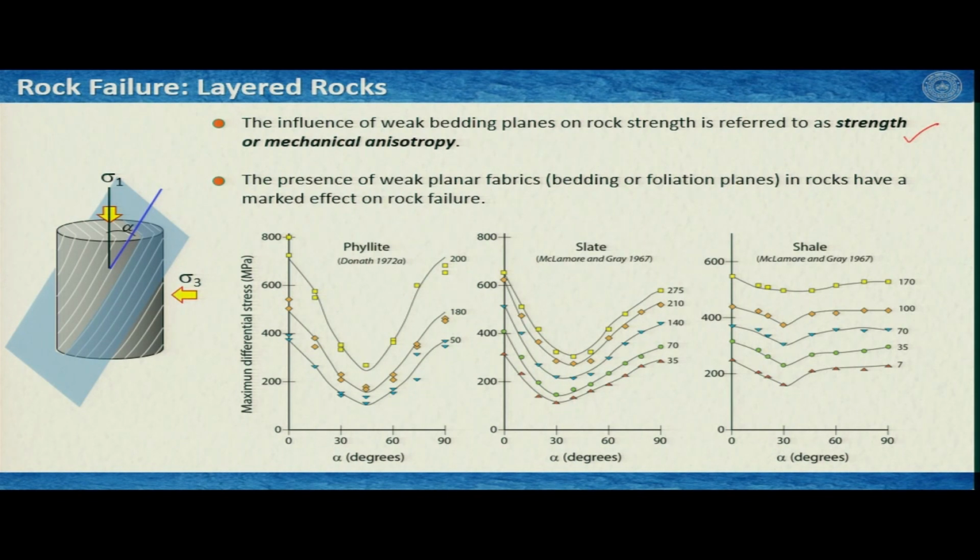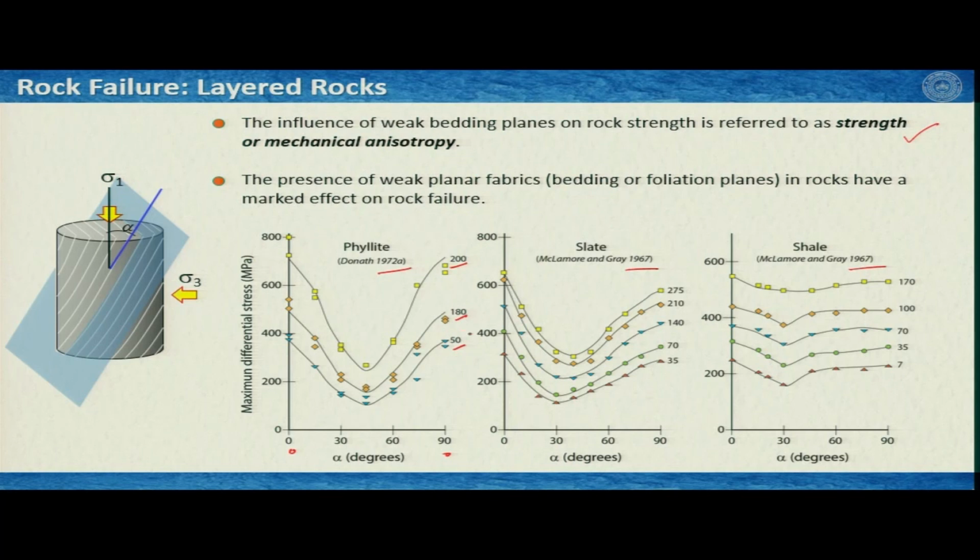As you can see here, again these are very old experiments, people still continue this kind of experiment. So, these are the alpha, the degrees 0 to 90, and this is the maximum differential stress where the rock failed. These values are the confining pressure.